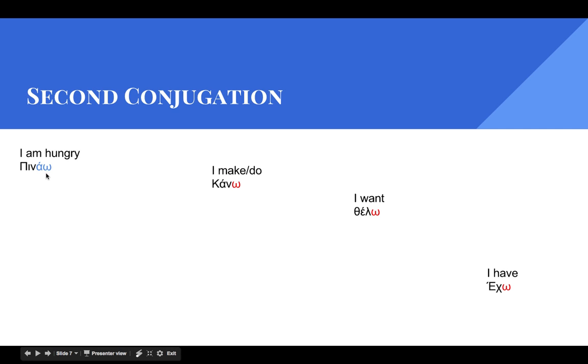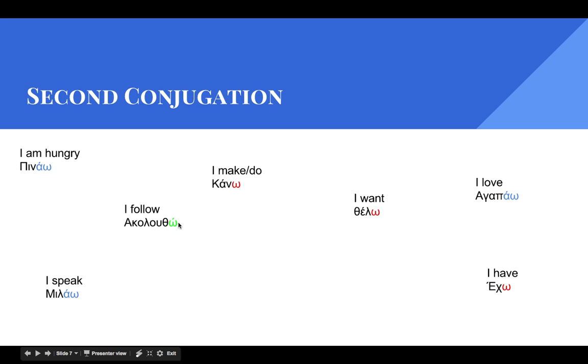However, here we have an alpha omega, and the accent is over the alpha. So this is no longer following this pattern, and it has a completely different pattern. This is the word pinao, I am hungry. Here's another verb which follows this second conjugation pattern, milao, I speak. Here's another one, I love, agapao.